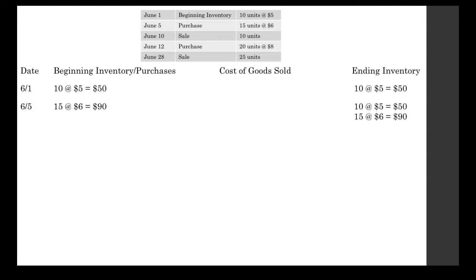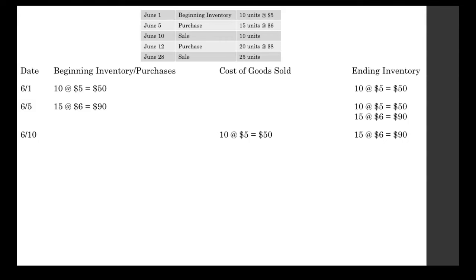So then on June 10th, we made a sale. So things are a little bit different when you make a sale. Since we are using FIFO, the first inventory that came in will be the first inventory out the door. So the first inventory that came in were those units at $5 a piece.